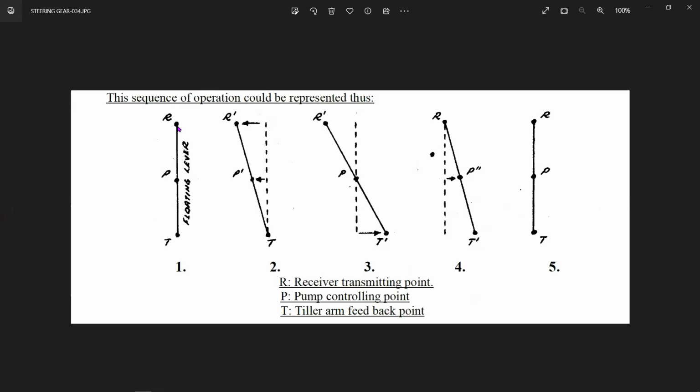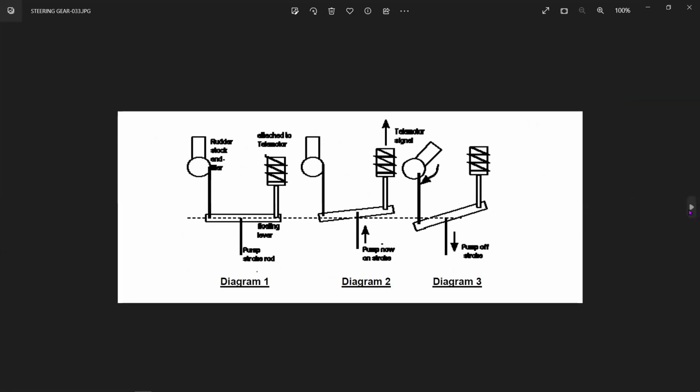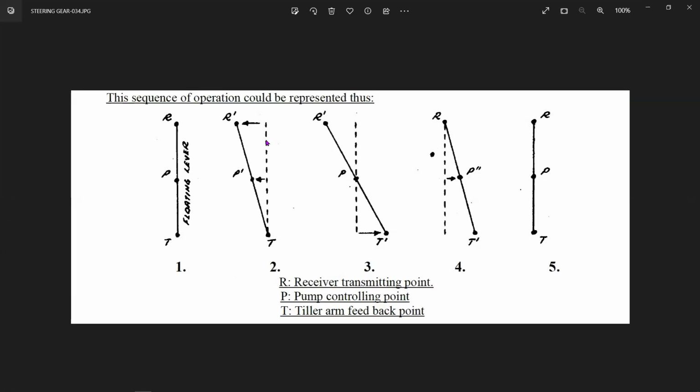R is connected to the receiver, P is connected to the pump control lever, and T is coming from the tiller arm. The same thing is represented in the line diagram. So now suppose from the normal position at R, the receiver gives the action to push the entire floating lever.